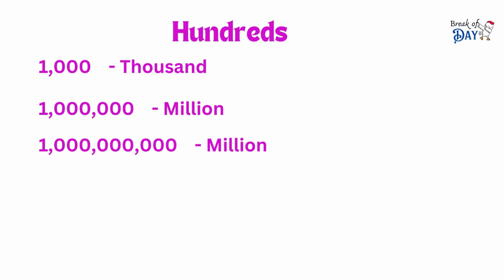Similarly, 1000 is 1000, 2000 is 2000, and 10,000. As you can see, the words thousand and hundred follow the same rules, just with larger amounts. Remember, once you understand the basics, you can easily handle bigger numbers by applying the same principles.